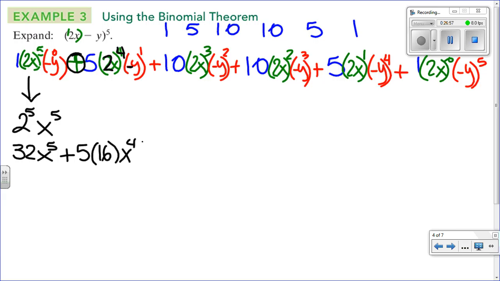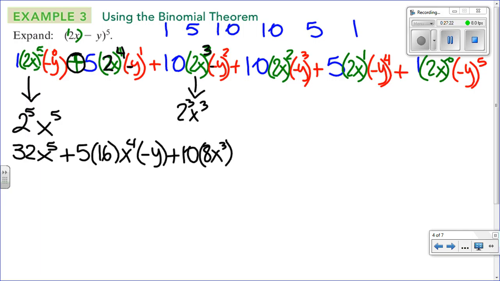And then here we have negative 1. Let's just say negative 1. Then the next term, we have the binomial coefficient of 10. And then we have here 2x to the power 3. So remember that is 2 to the power 3 and x to the power 3. So that will be 8x cubed.